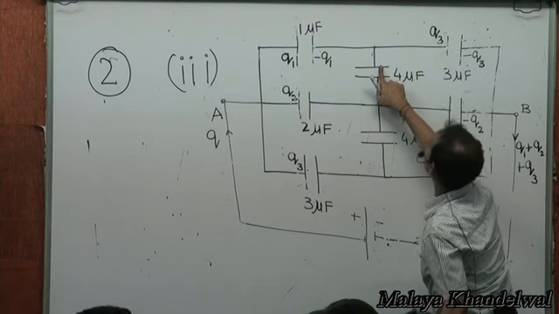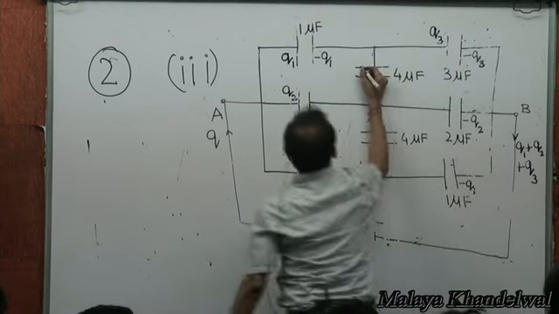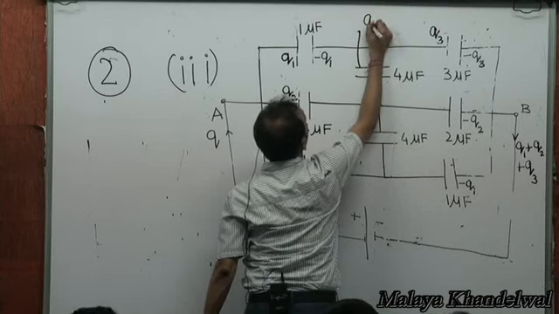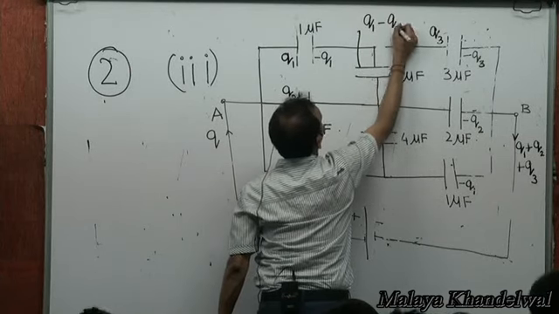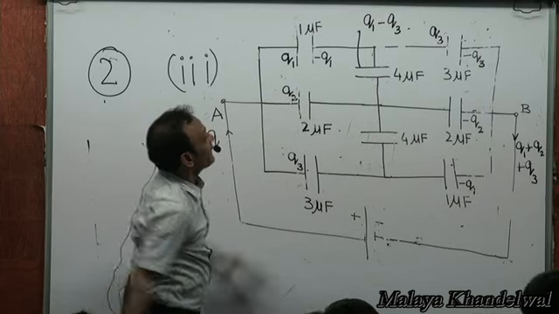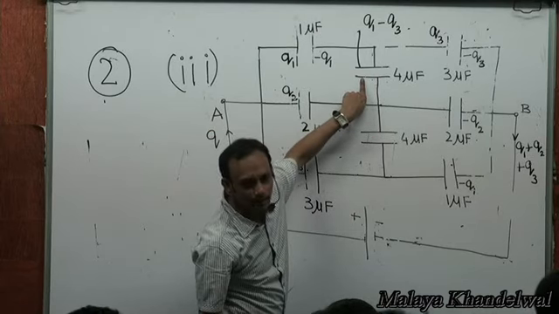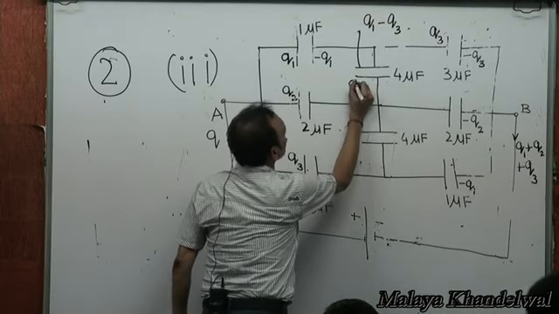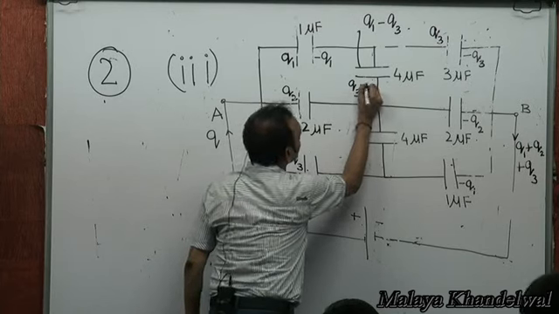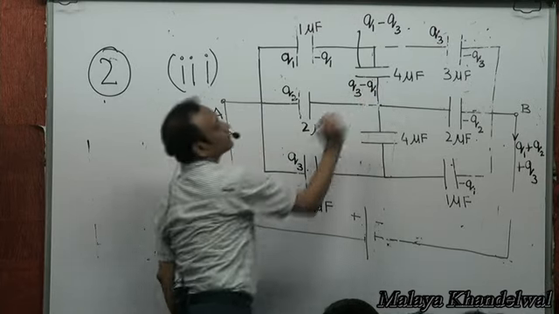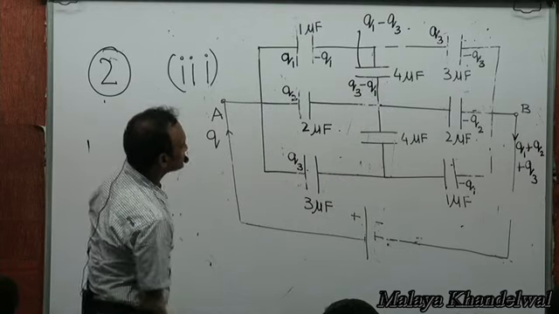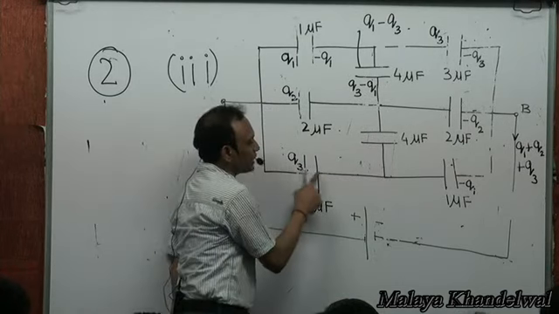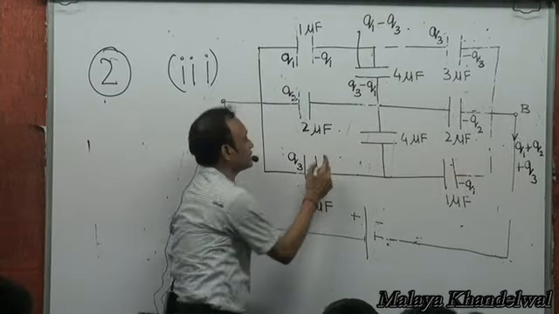That means the charge here must be Q1 minus Q3. The charge here must be Q1 minus Q3. Right? And therefore the charge here must be Q3 minus Q1. Now, if this is Q3, how much is this? Minus Q3.